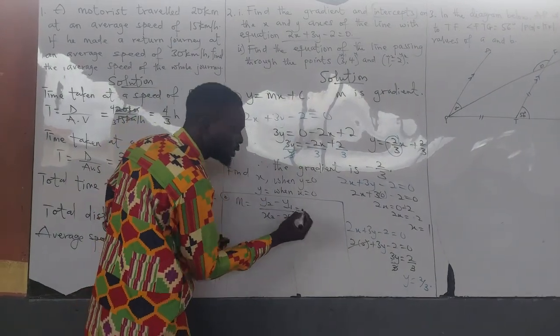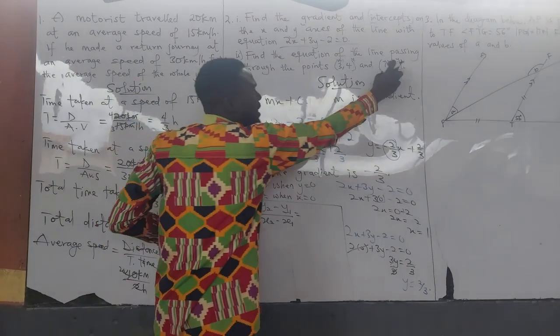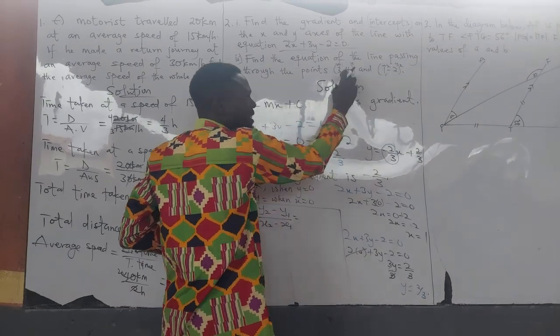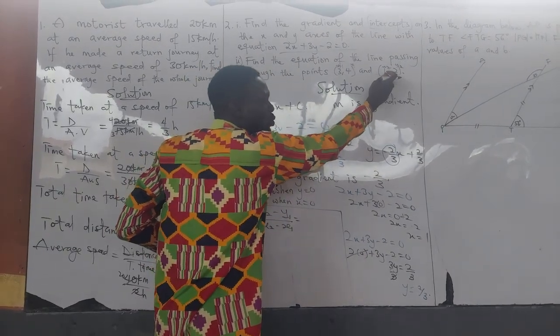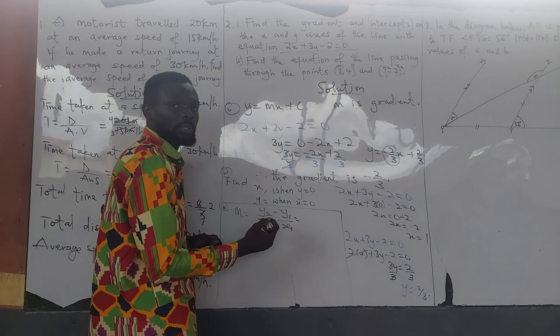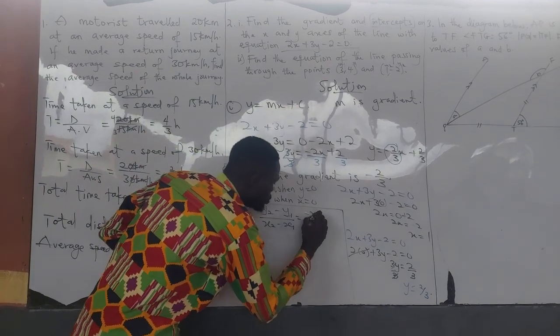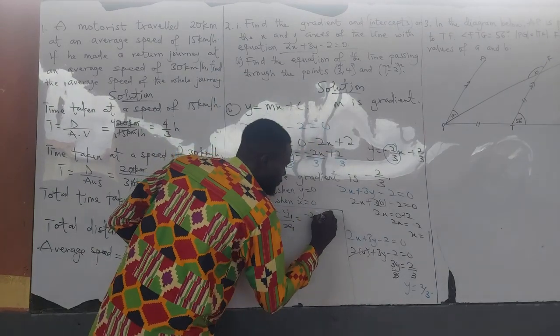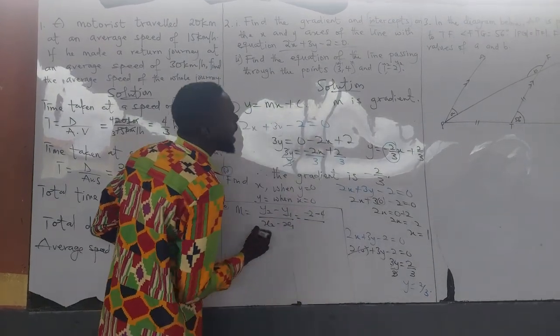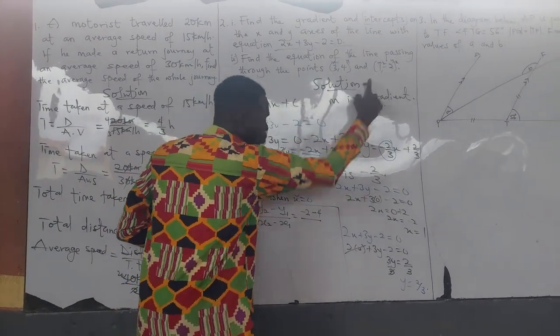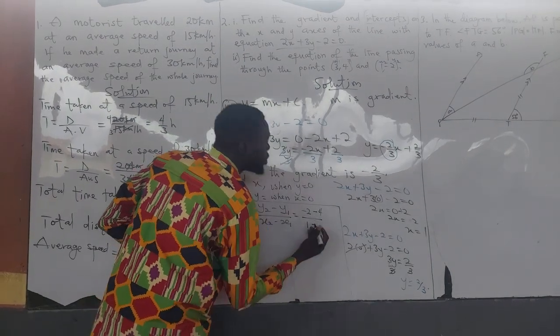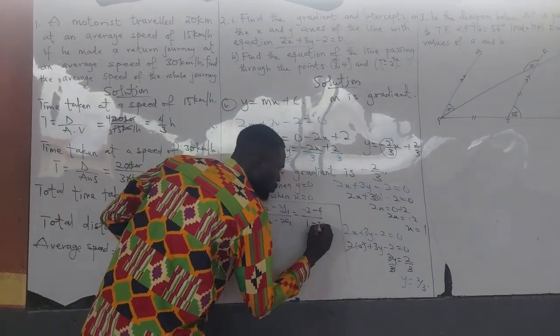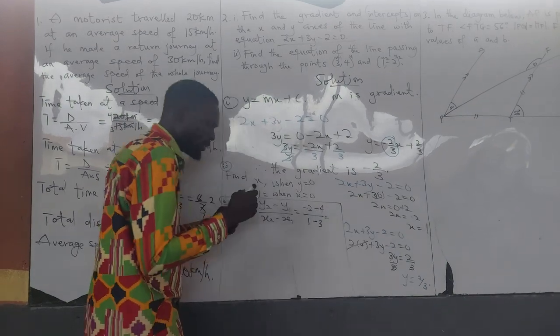So now we just substitute. Per what you have given, this is y2, this is y1, this is x2, this is x1. So we have negative 2, which is the y2, minus y1, 4, all over x2, which is 1, minus x1, which is 3. So you substitute and you solve.